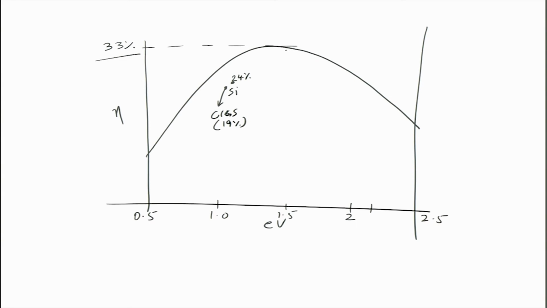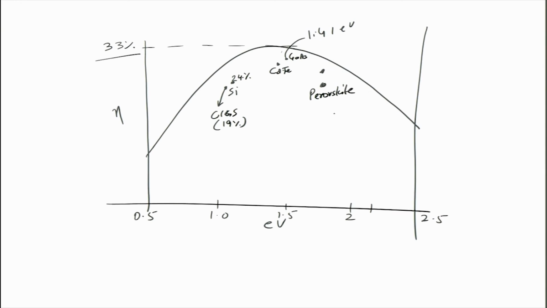So, cadmium telluride and gallium arsenide will be somewhere here. Gallium arsenide is at 1.41 eV, cadmium telluride is a little lower, and perovskites have already reached about 20%. They have higher band gap, more than 1.5 eV. So, perovskites are sitting somewhere here, 20% or so.